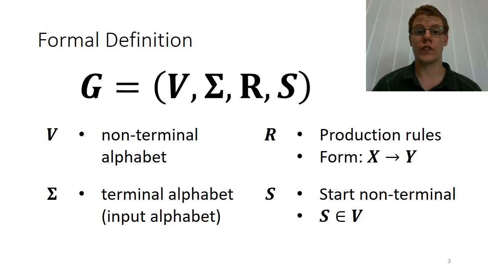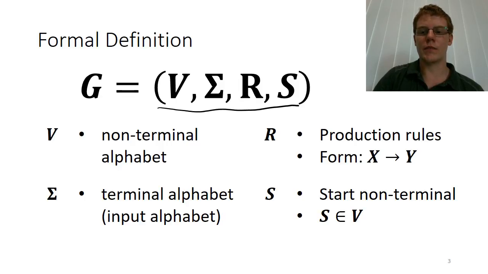The definition of a context-free grammar is almost identical to the definition of a regular grammar that we had before. It is still a four-tuple, exactly as we had before, and it still consists of the same four elements. The first element is a set which contains all of the non-terminals, and it's called the non-terminal alphabet.